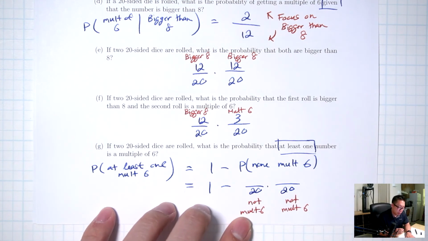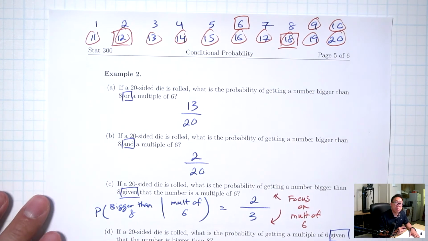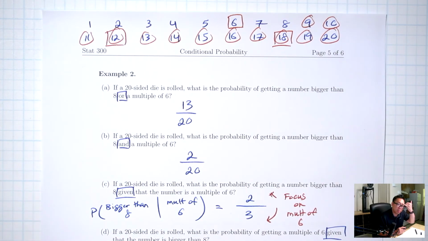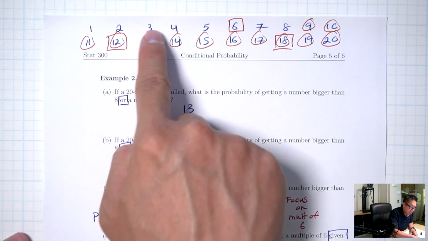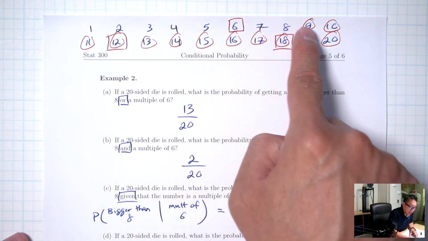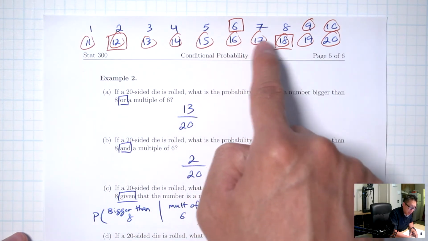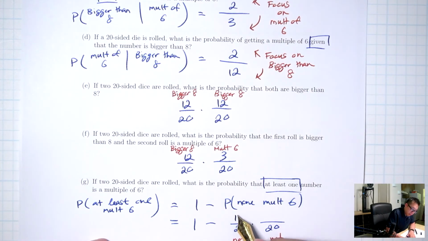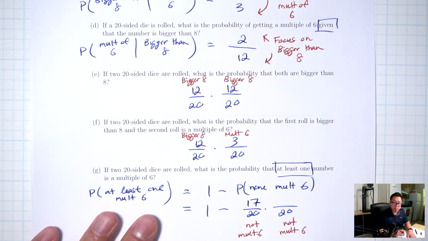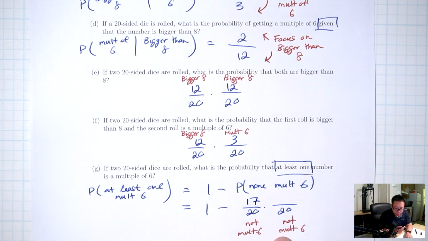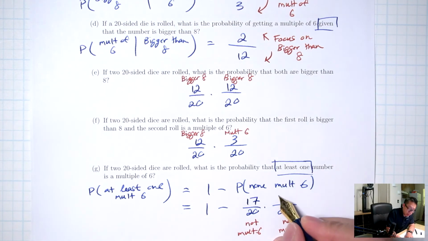Up top, how many are not multiple of 6? So these are the boxes. So how many are not boxes? 1, 2, 3, 4, 5, 6, 7, 8, 9, 10, 11, 12, 13, 14, 15, 16, 17. So 17 not multiple of 6s. And then for the second one, you should still have the full 17 because we're not reducing.